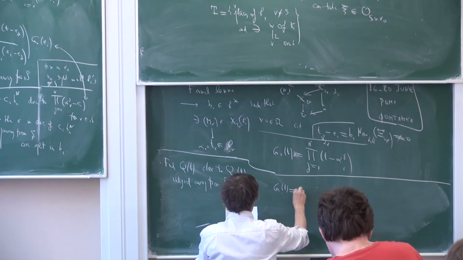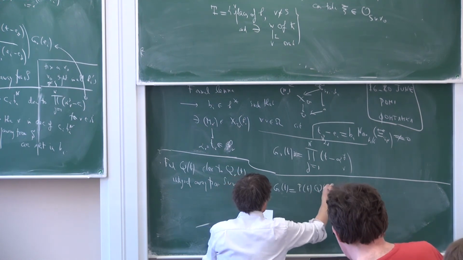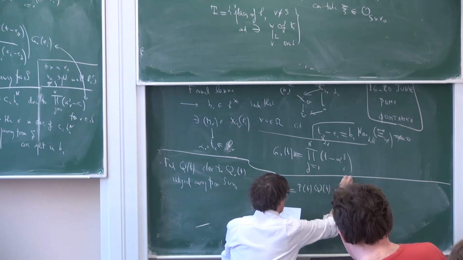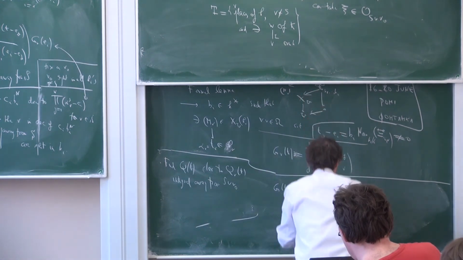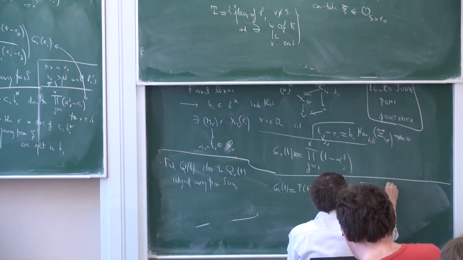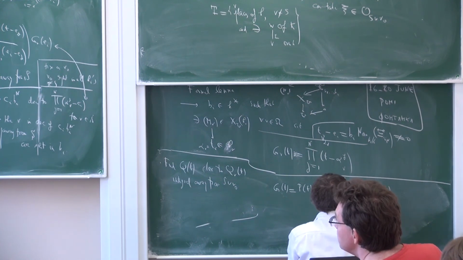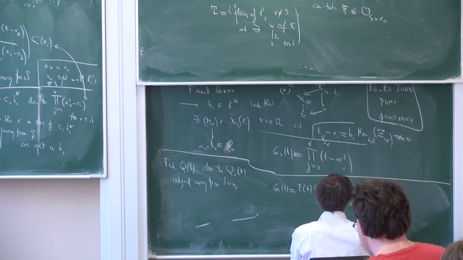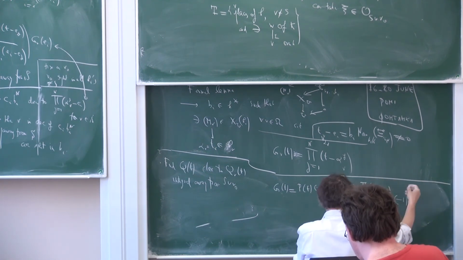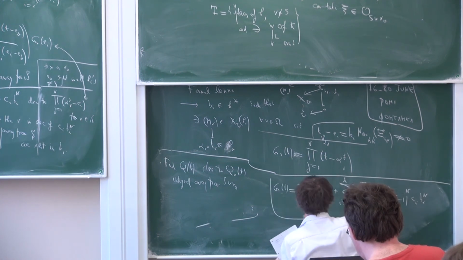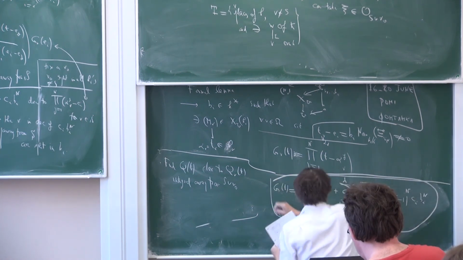So G of t equals P of t times Q of t plus the sum from i equals 1 to d of the product of t minus ej, j different from i, divided by the product of ei minus ej, j different from i, times, if you compute, a minus 1 to the power capital N times Ci bi to the n. So this is the close point we're after.